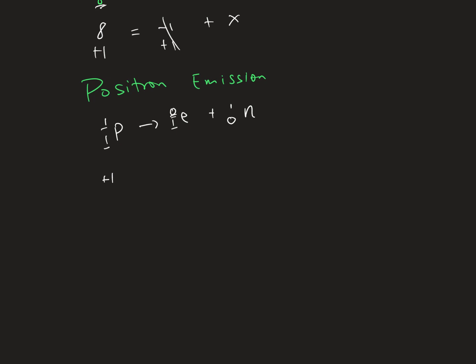So in the case of beta decay, a neutron turns into a proton, meaning we have too many neutrons, not enough protons with our neutron to proton ratio. But for positron emission, we have too many protons. We turn one of those protons into a neutron, and now our neutron to proton ratio is closer to 1 now.